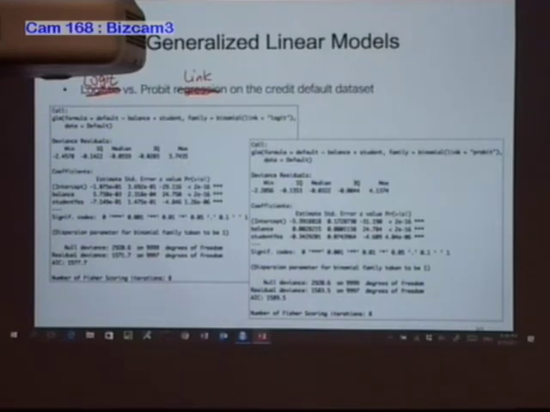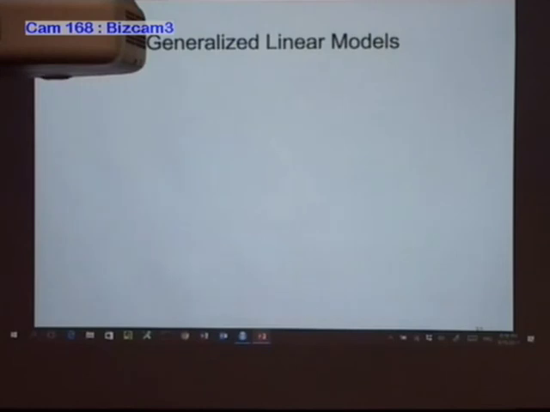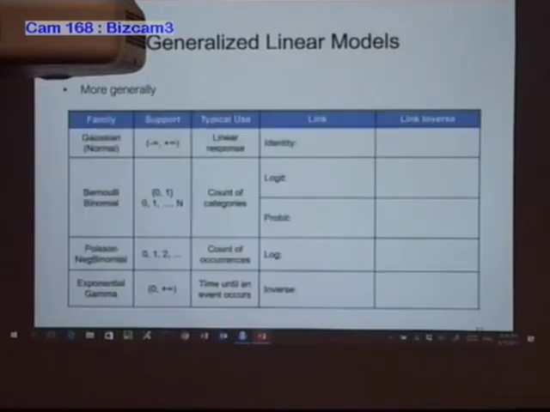But that's not the main point. The main point is, on top of the link you can play with, the mapping, you can also play with the family. Right? So we have been talking about all these different types of Y. We have the Gaussian, the linear regression.